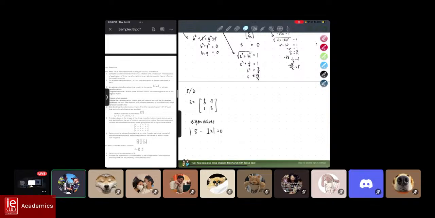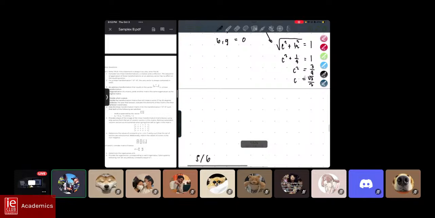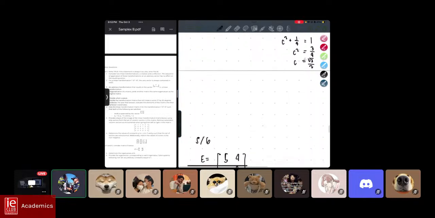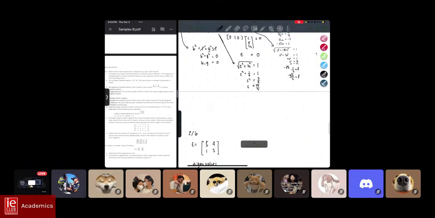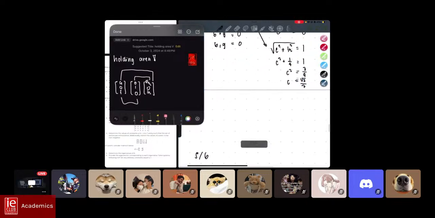So, putting that all together, I'll bring this down. The values are 1/2, 0, negative square root of 3 over 2, 0, 1, 0, square root of 3 over 2, 0, 1/2.